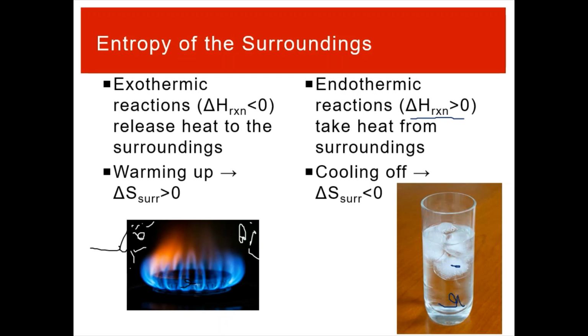And because it's getting colder, there is less motion in those molecules, and the entropy of the surroundings is decreasing. So these relationships are always true. Exothermic reactions cause an increase in the entropy of the surroundings, whereas endothermic reactions cause a decrease in the entropy of the surroundings.